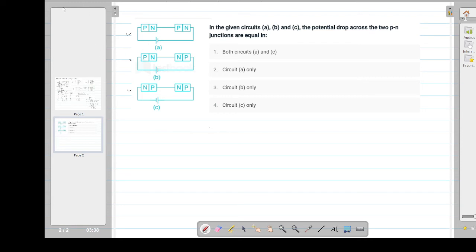To check the potential drop, first we will understand in which case forward biases are there and in which case reverse biases are there.